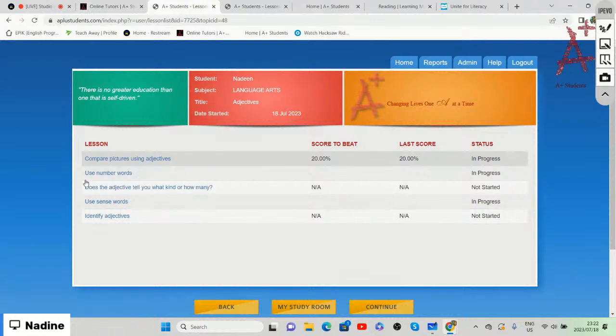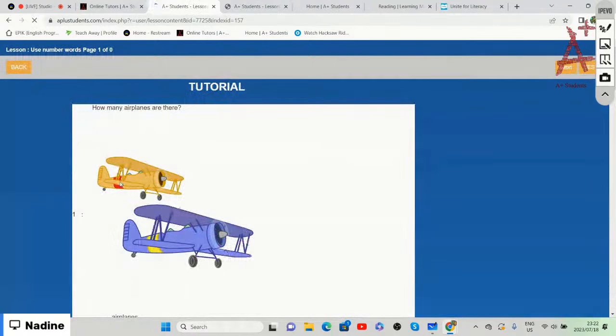We're going on to the next one that says use number words. So in our first lesson, we had to describe the adjectives by telling what kind. And we said what kind can be in size, can be in shape, can be in color. So that showed us what kind. But now we need to use number words, which means that these adjectives will basically tell us how many.